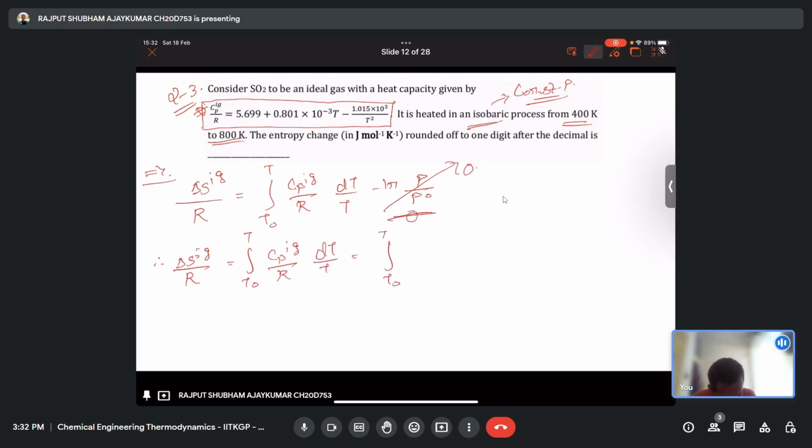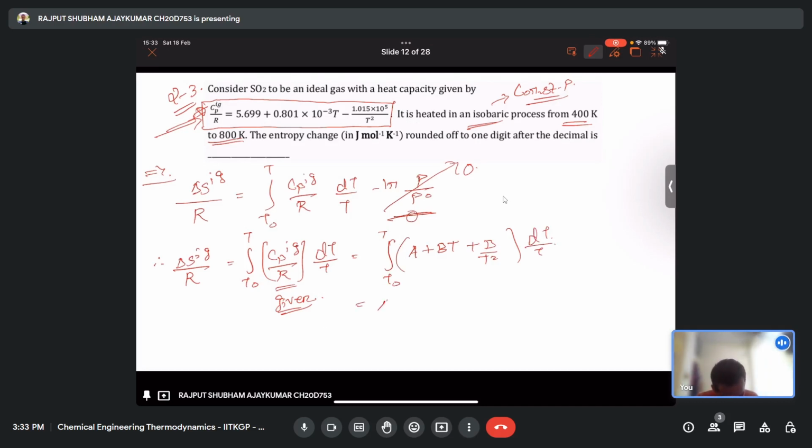I'm trying to simplify this, and since we have been given Cp by this term, I'll put it in the form of a plus bT plus d by T squared, into dT by T, instead of writing the entire term, because I have to integrate this. So I will try to integrate this now.